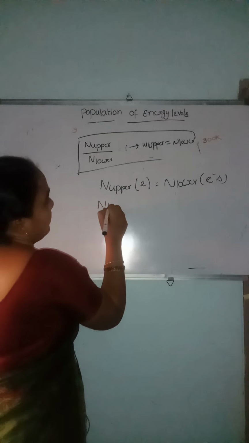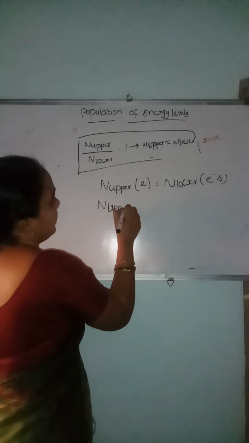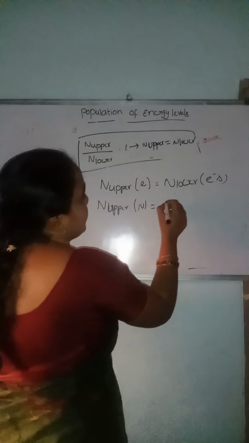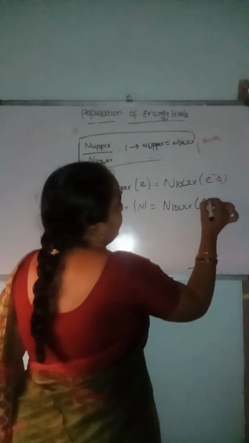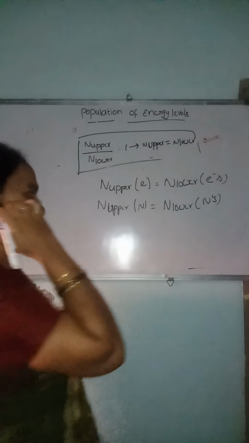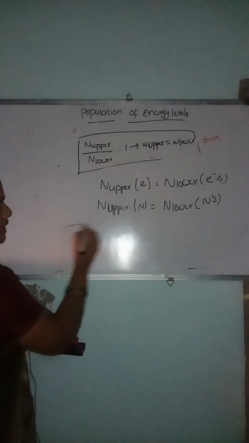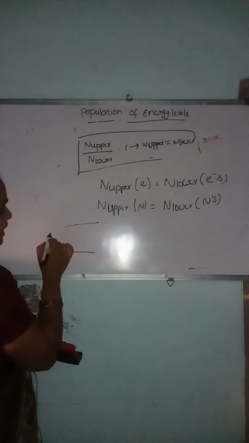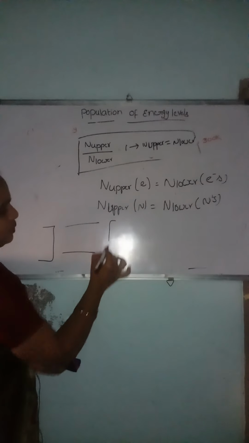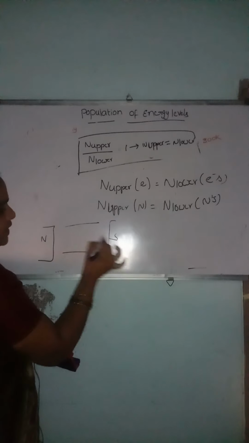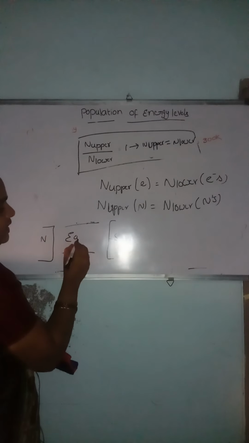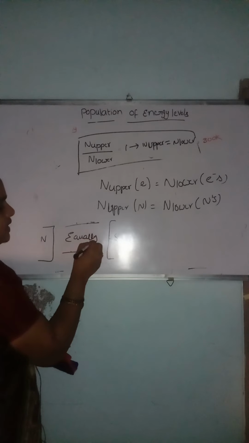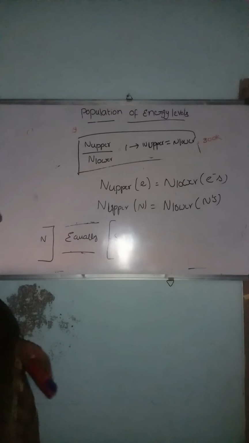Similarly, the population of nucleons in the upper state is equal to the population of nucleons in the ground state. That is, the same number. When the atom is subjected to external magnetic field, these electrons are distributed equally in the ground state and excited state.